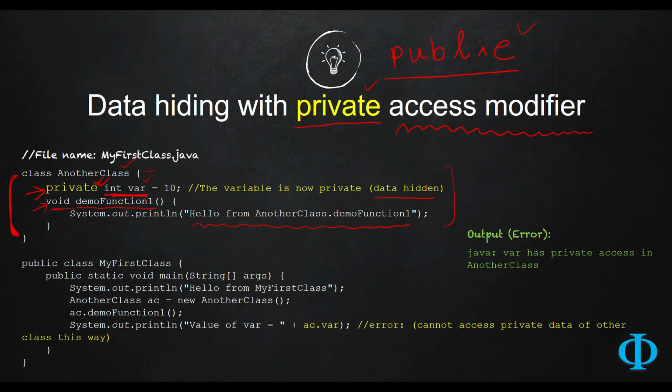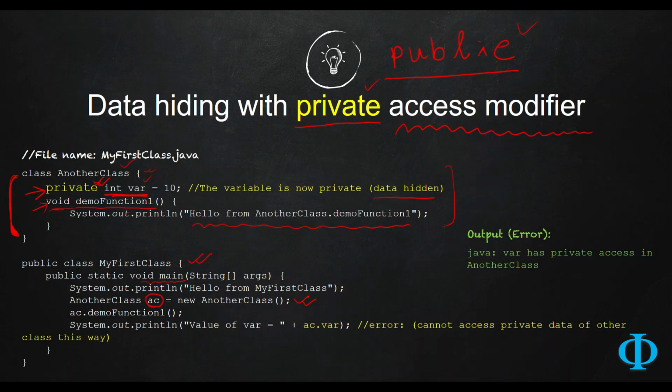Now, how to prove that? In order to prove that, you have to create another class. Let's say this is my first class, where I have defined the main function like this, and inside this main function I have created an object of class AC, like this.